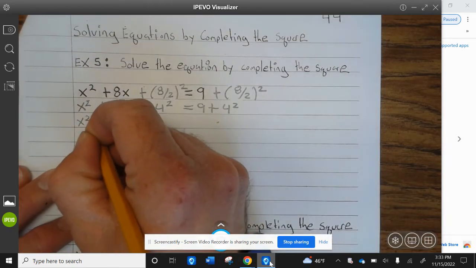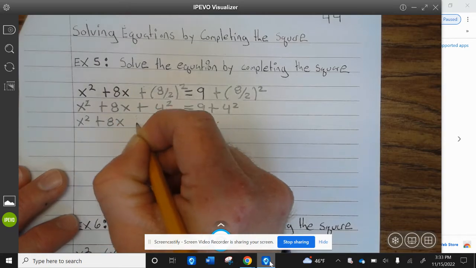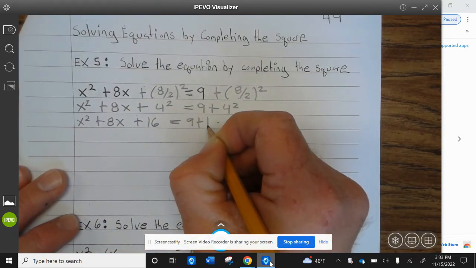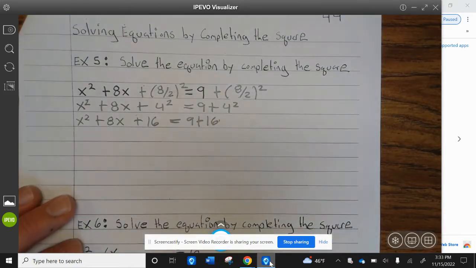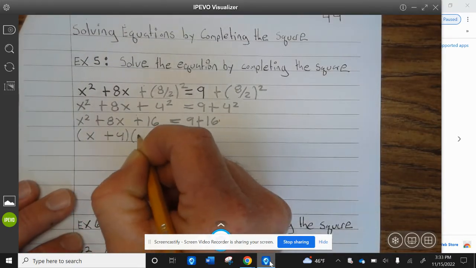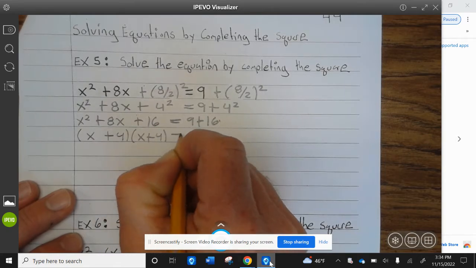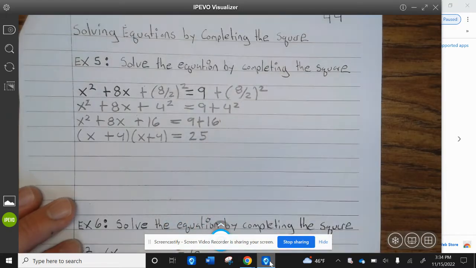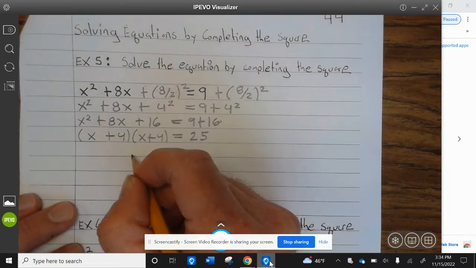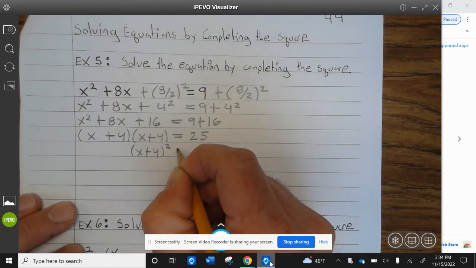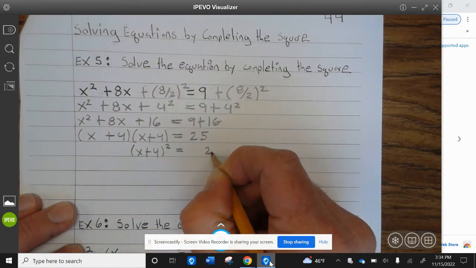Well, that's x squared plus 8x plus 16 equals 9 plus 16. This can now be factored as x plus 4 times x plus 4 equals 25. Well, we can write this as x plus 4 squared, which equals 25.